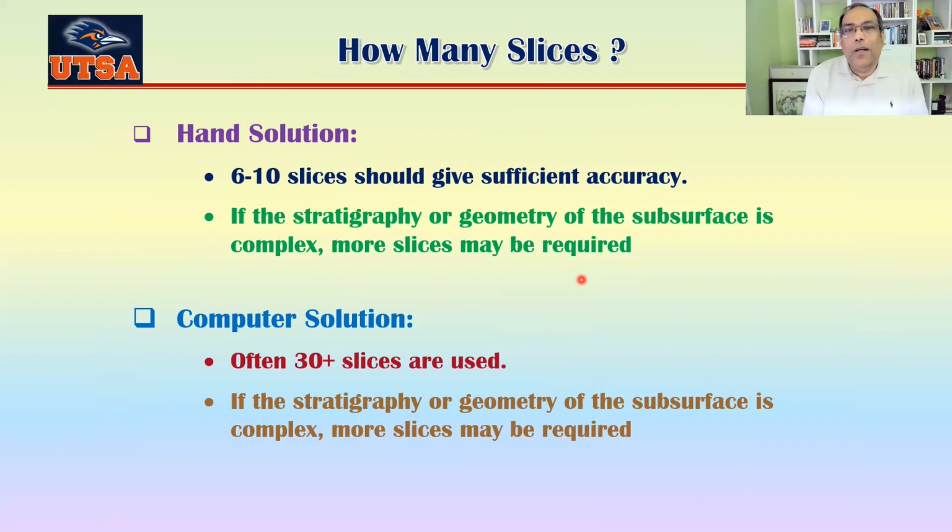Now, for your calculation, if you have too many slices, you might need a longer period of time to solve it, okay? In computer solutions, often 30 plus slices are used. Actually, they will just do that by themselves, okay? But you have the option to control how many slices you want to use. And then you just try to see if you change the number of slices, whether your factor of safety changes or not. You will see that after a certain number, it doesn't change that much. Okay.